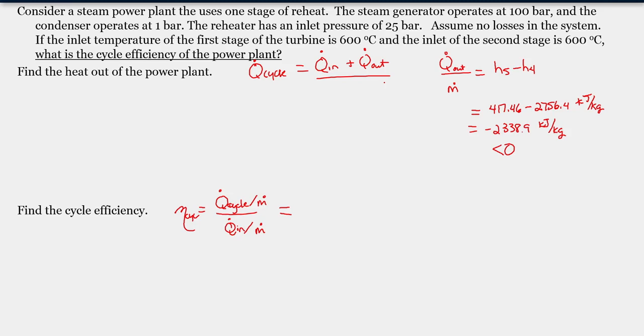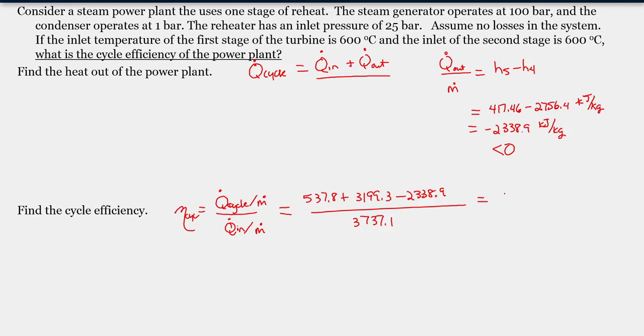So if we go ahead and do that calculation, we get 537.8 plus 3199.3 minus 2338.9, all divided by net heat transfer in, which was 3737.1, which is a value in the numerator here.